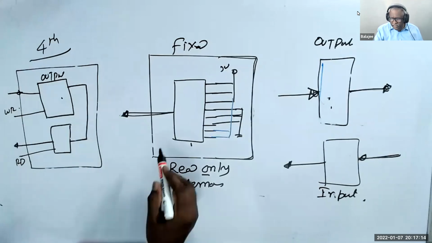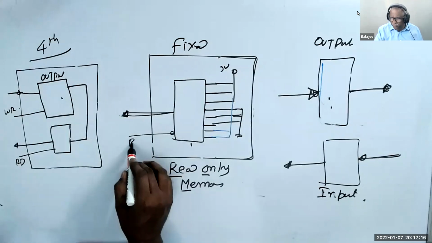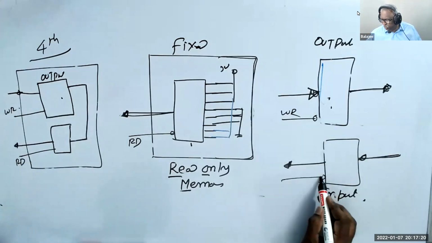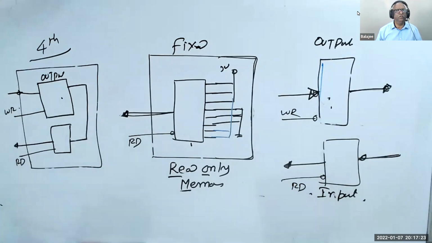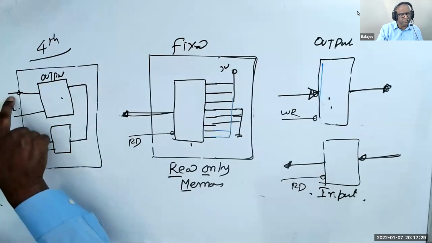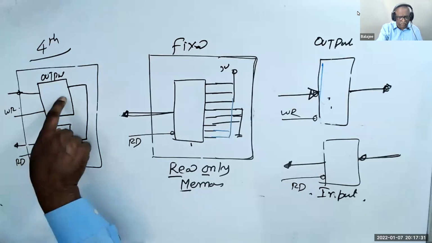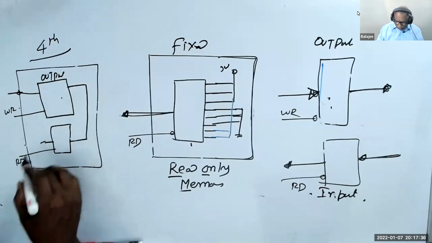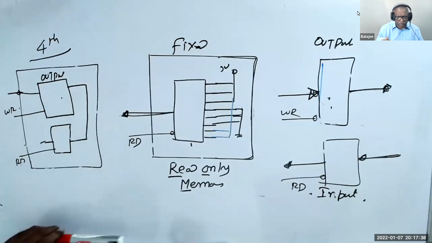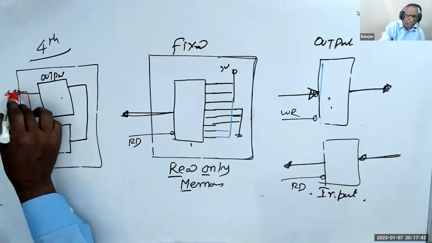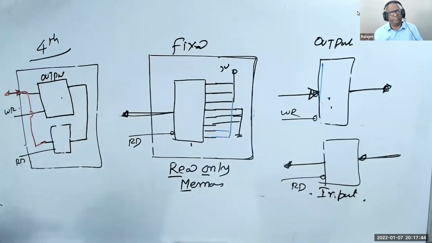Here I give a signal called read. So now understand one thing. I have data. When I write, it will write here. When I read it, what they have done is they have connected this together internally.